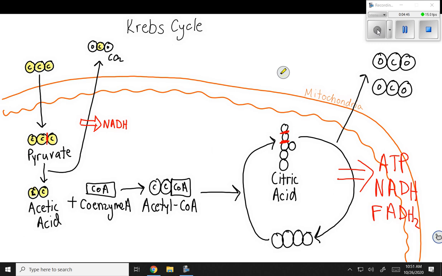Acetic acid combines with coenzyme A to form acetyl-CoA, so there's our 2 carbons. And then our 2 carbons are going to combine with this 4-carbon molecule to form citric acid. Then the 2 carbons are broken off again and released as CO2 in the atmosphere.